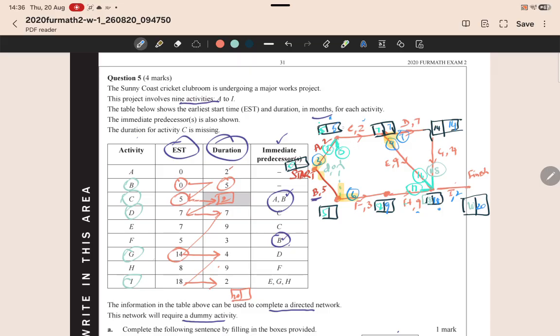And so that is 5 take away 0 is 5. Because we're going opposite in direction to the arrow. Now, of the two values, the smaller value is 5, and 5 take away 5 over here is 0. Now, the minute you get a 0 on one of the initial activities, it usually means you're right.